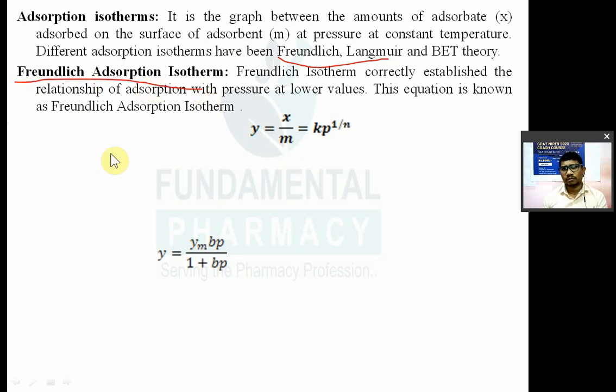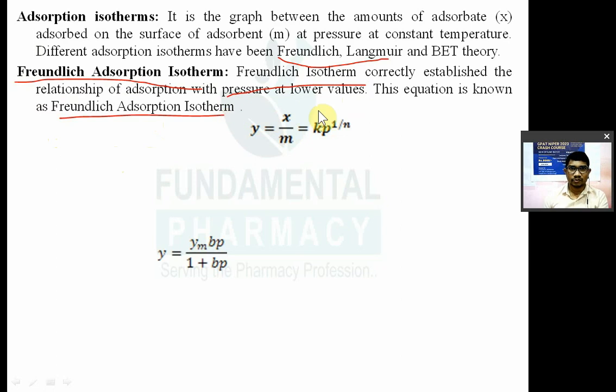Freundlich's isotherm correctly establishes the relationship of adsorption with pressure at lower values. Adsorption of a gas on a solid surface at a lower pressure is known as the Freundlich adsorption isotherm.